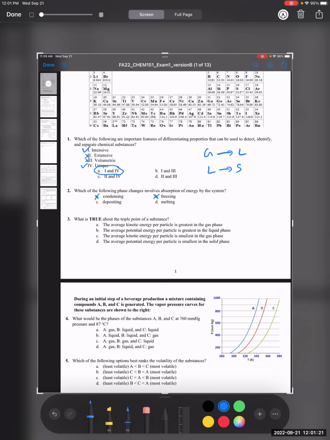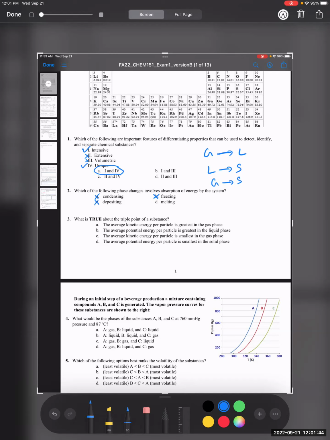Option C, depositing, that means gas to solid. Again, in gas, we have the weakest attractive interactions, meaning highest potential energy. In solid, we have much stronger attractive interactions, meaning lower potential energy. Therefore, you go from higher to lower potential energy, meaning energy has to release from the system. Therefore, depositing is out.